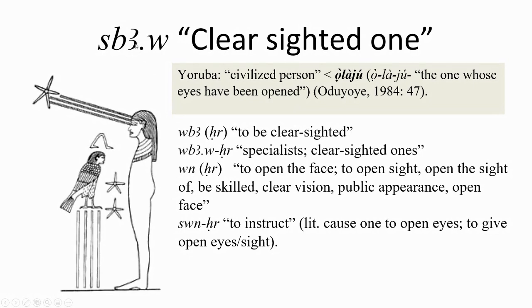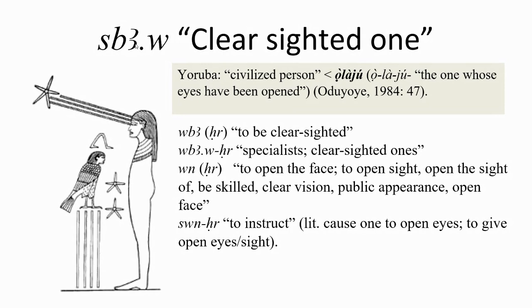They're playing on words here, because there's one word ba meaning to shine, and then there's another ba meaning to open. And so in ancient Kemet, we had a variant wabar her, to be clear-sighted, and we have wabaru her, specialist, clear-sighted ones.